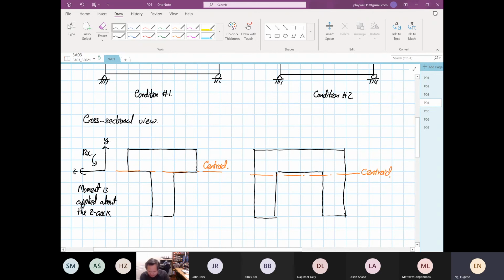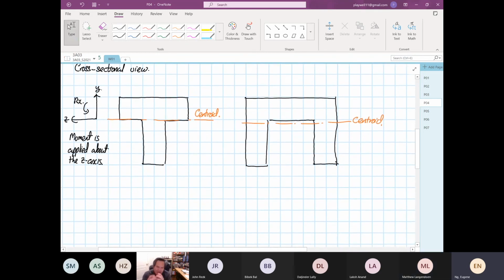Both of them have moment applied about the z-axis. So which one is symmetrical loading? Is it both again? Matthew, you are making a guess based on intuition.